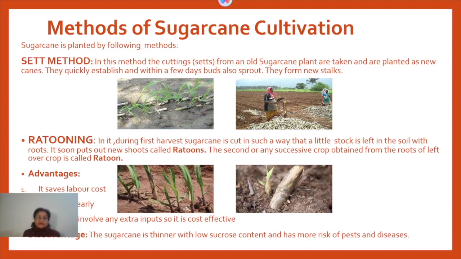So quality wise, it becomes a little lower, inferior to the main crop which was there. And moreover, because it is inferior, it has more chances, more risk of pests and diseases also. So this is a big disadvantage of this method of sugarcane cultivation.